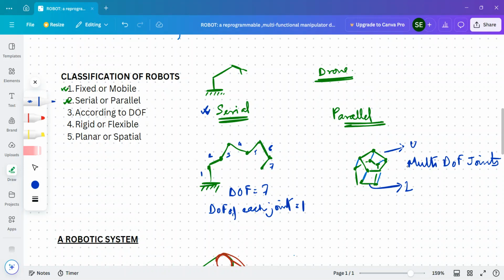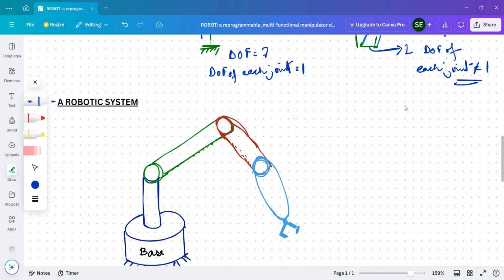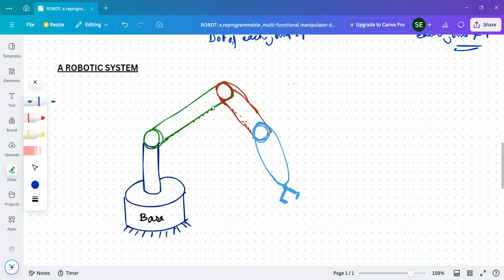And in this case, the degrees of freedom of each joint is not equal to 1. That's why these are called multi degrees of freedom joints. These parallel manipulators have multi degrees of freedom joints, and this serial manipulator has joints with only 1 degree of freedom. So this is a basic robotic system.